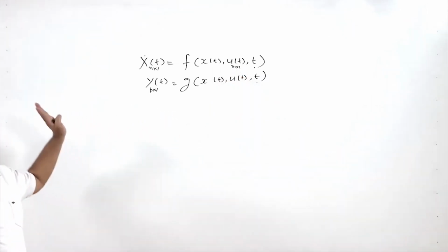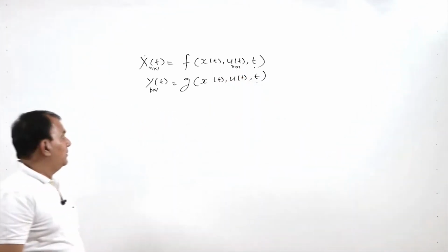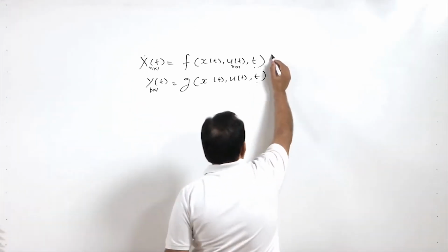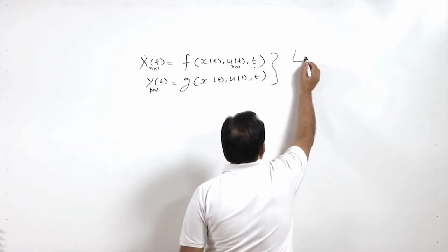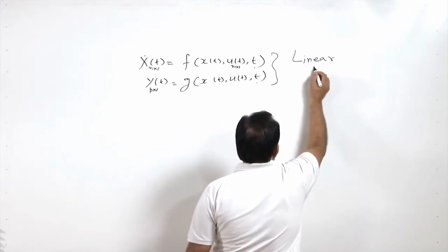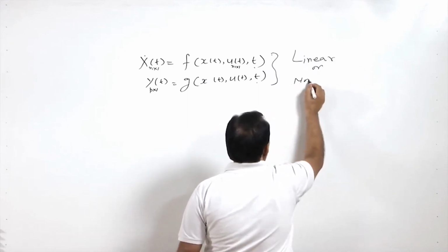So, this is the general representation of my system, where the system may be linear or non-linear.